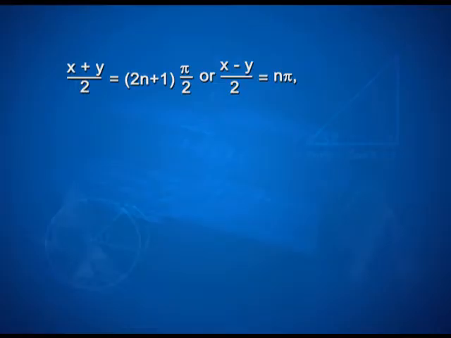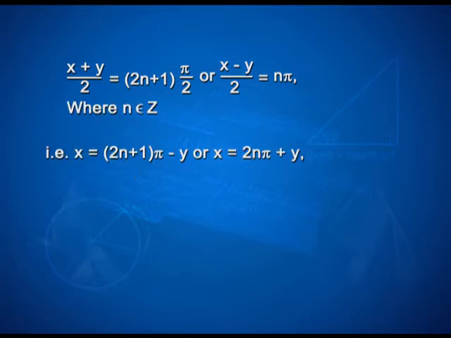Therefore, (x plus y) upon 2 is equal to (2n plus 1) into pi by 2, or (x minus y) upon 2 is equal to n pi, where n belongs to z, that is x is equal to (2n plus 1) into pi minus y, or x is equal to 2n pi plus y, where n belongs to integer z.